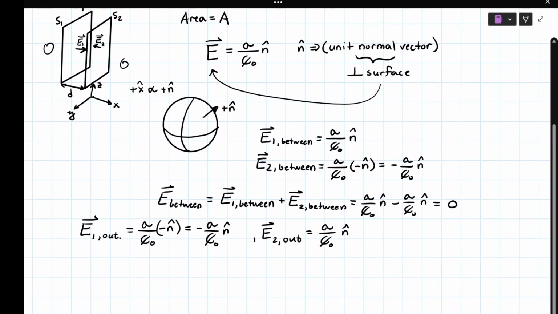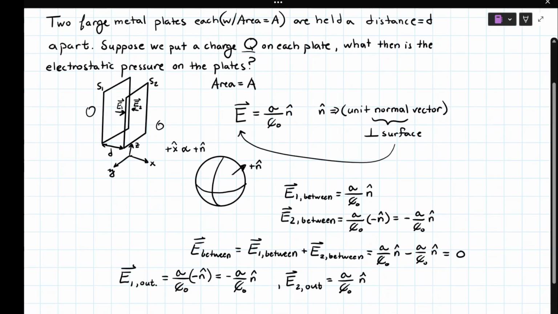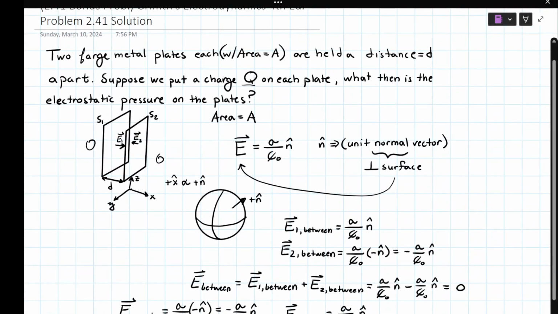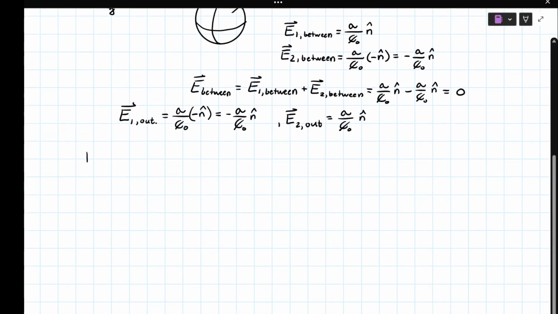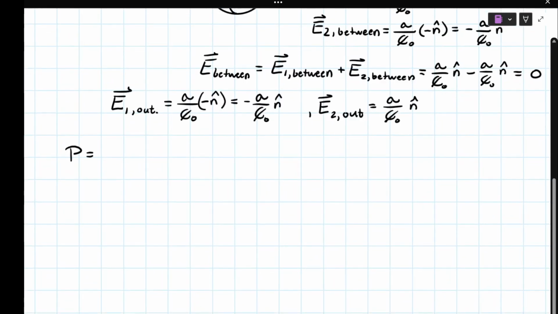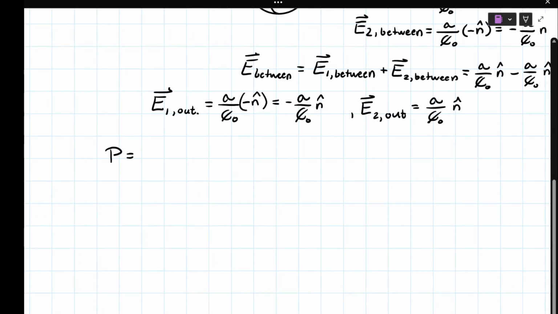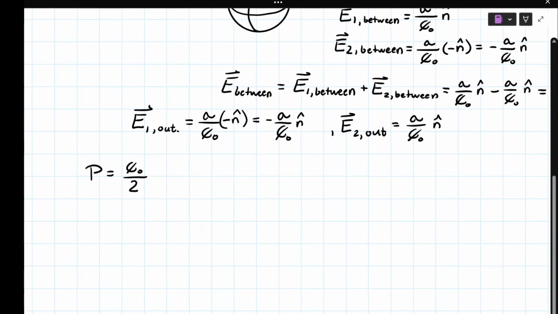Now what we want to find, because even though we're doing all this, we're still solving for something else, is the electrostatic pressure. The electrostatic pressure is formulaically defined, and it's a scalar value, as epsilon naught over 2 times E squared.